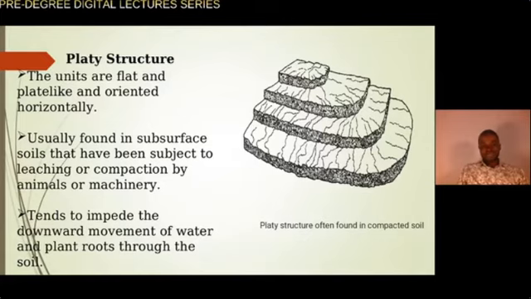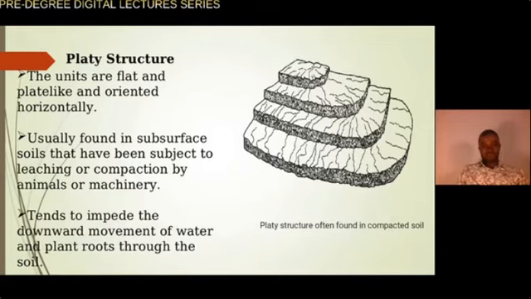That means you are likely to have this kind of soil structure when the soil is subjected to human pressure: continuous cropping that leads to leaching of nutrients, compaction by machinery, animals trampling on the soil, or other human impacts.